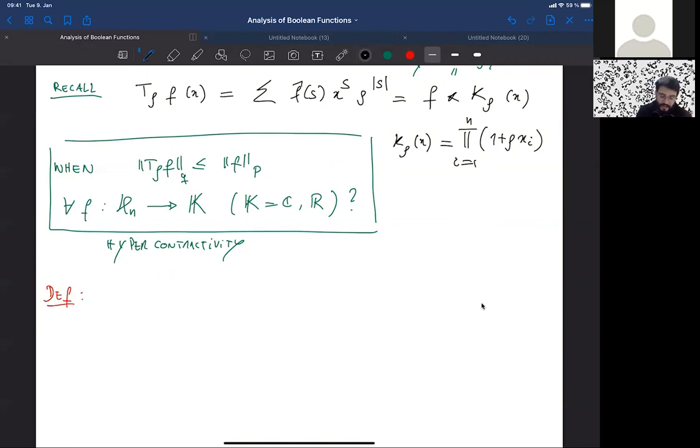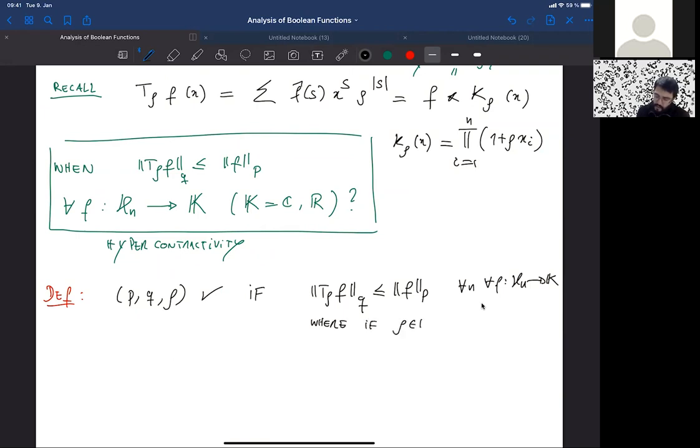I will say that (p, q, ρ) works, and we'll denote it like this, if we have this inequality for every n and for every f, where if ρ is real, then we assume that K is real, and if ρ is complex, then we assume that K is complex.